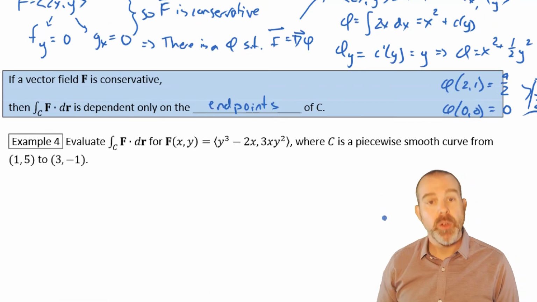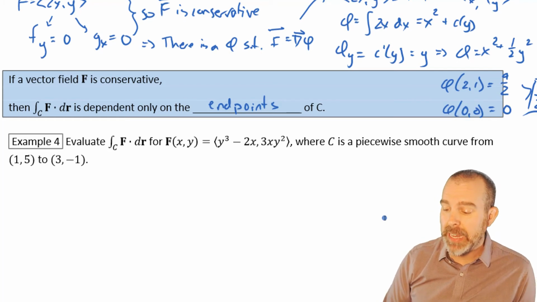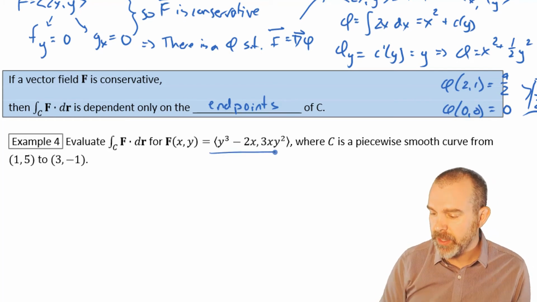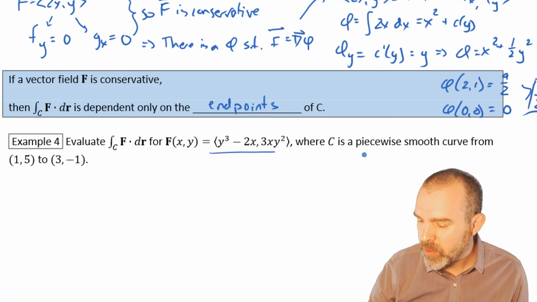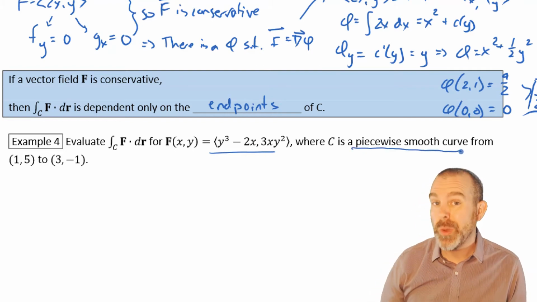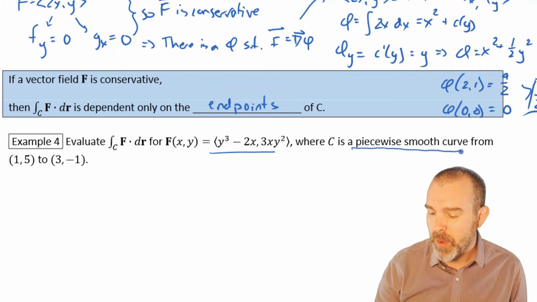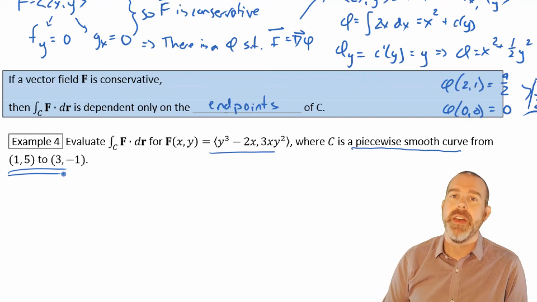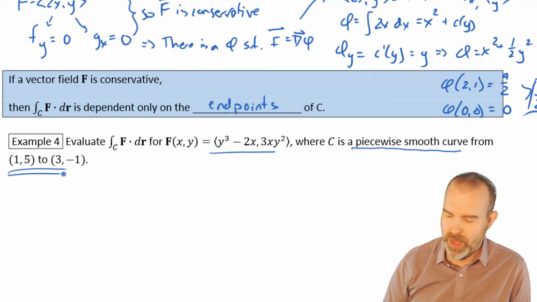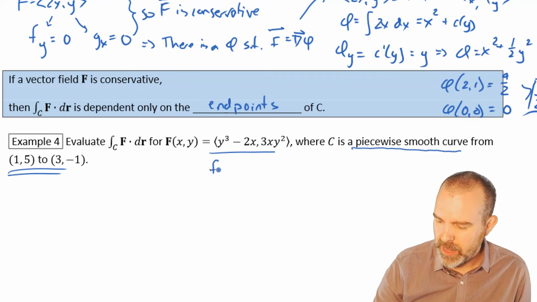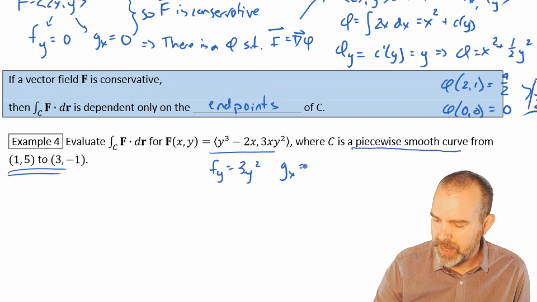So here we have an example. We're supposed to evaluate the line integral of this field where C is a piecewise smooth curve. So we don't know what the curve is, but we just know it starts at 1, 5 and goes to 3, -1. Well, if we take the partial derivative of f with respect to y, that's 3y squared. If we take the partial derivative of g with respect to x, that's 3y squared.